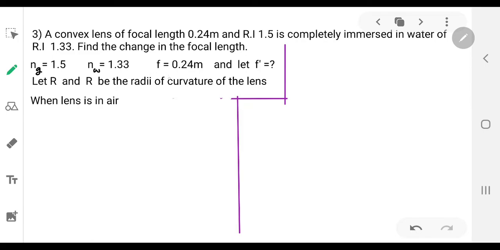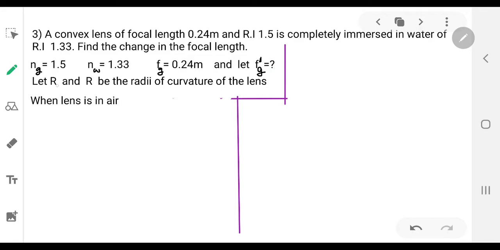The focal length of the glass lens is 0.24 meter in air. Let f'g be the focal length of the glass lens when it is immersed in water.